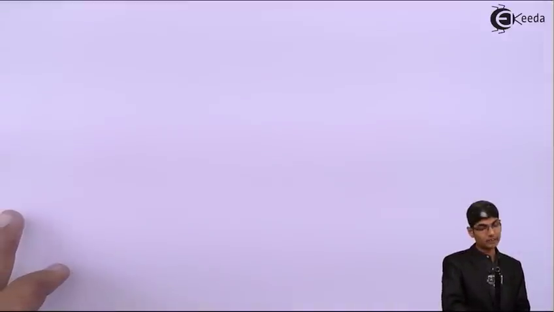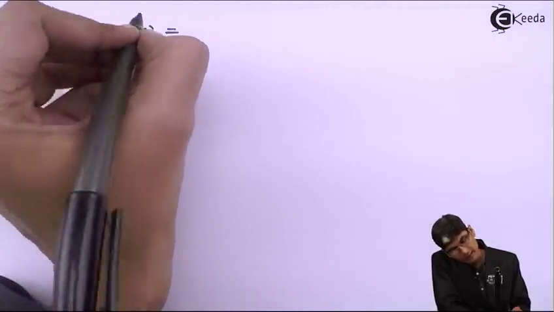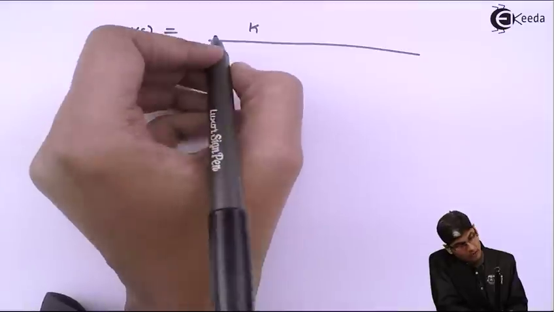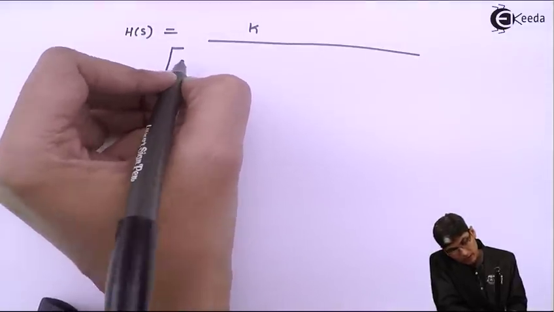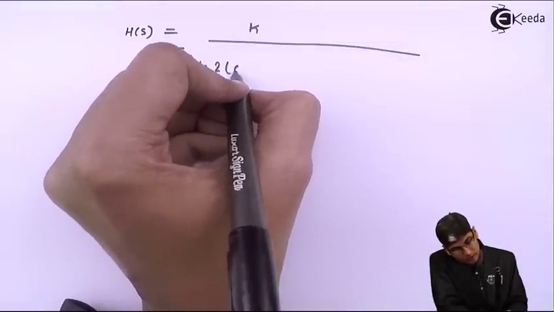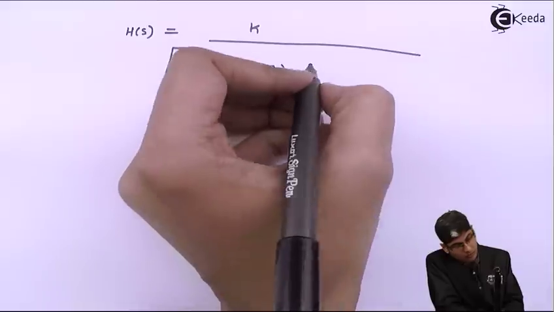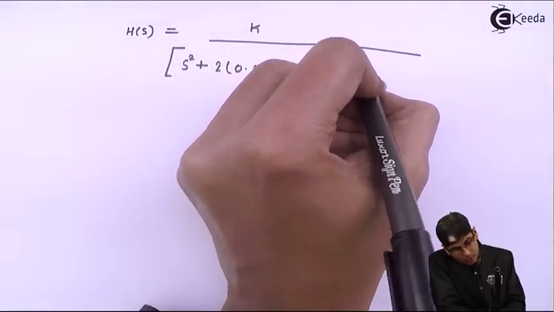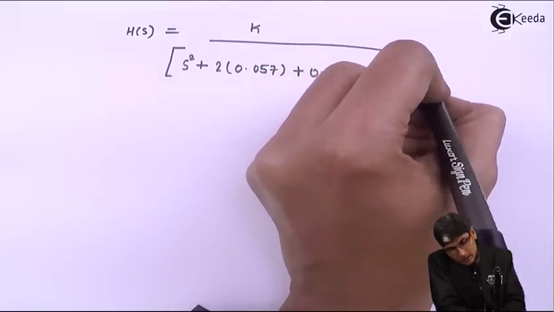After opening up the brackets, we will get the transfer function H of s as equal to K upon, okay, so we have the first bracket open, s square plus 2 into 0.057 s, plus 0.057 square plus 0.637 square.